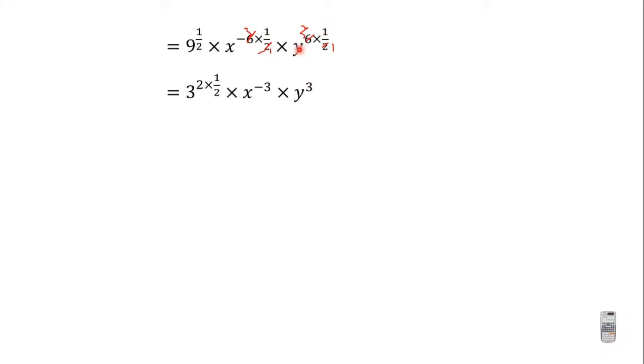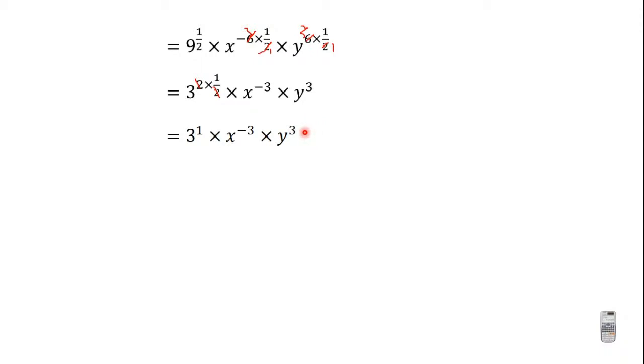So we have y exponent 3, as can be seen here. Just as we did for the step here, too you are going to cancel 2 and 2. And in doing that, we are going to have 3 exponent 1, because 2 and 2 are gone, times x exponent minus 3 times y exponent 3.